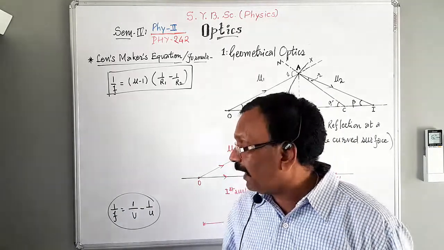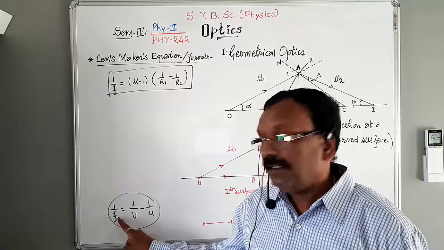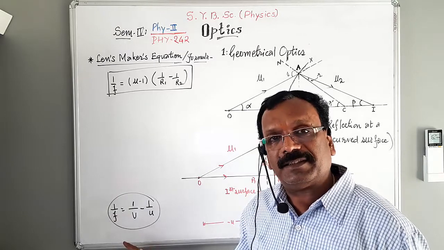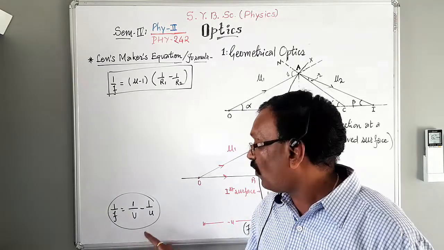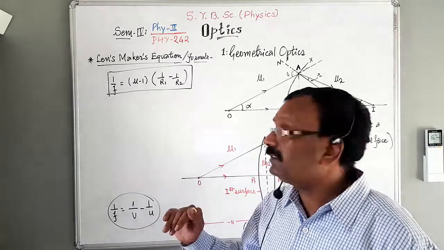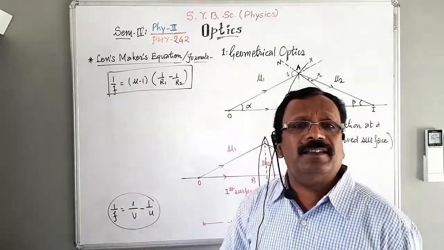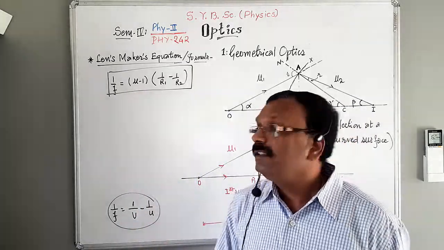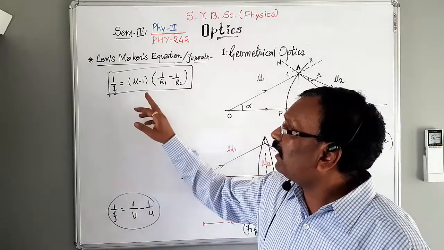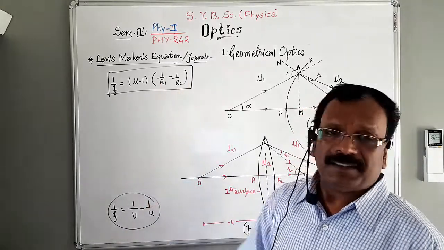Lens equation or lens formula connects the focal length of the lens with the distances of object and image. Whereas the lens maker formula is the relation between focal length of the lens, the refractive index of the material of the lens, and radii of curvature of the lens.